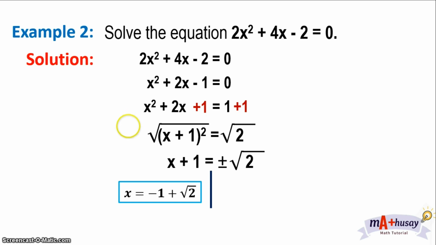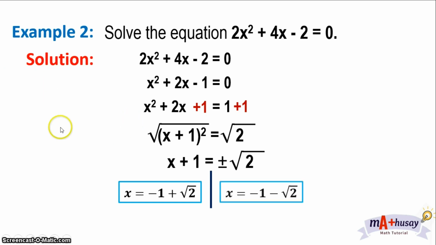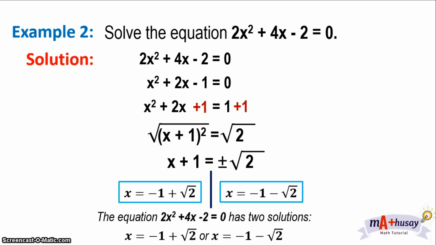The other one is x is equal to negative 1 minus square root of 2. So, the solutions for the equation 2x squared plus 4x minus 2 equals 0 ay x is equal to negative 1 plus square root of 2 or x is equal to negative 1 minus square root of 2.